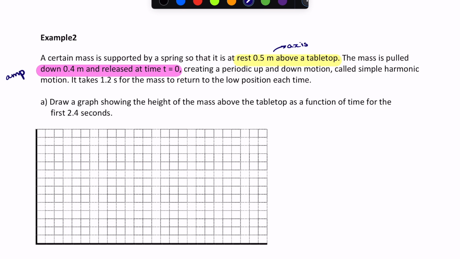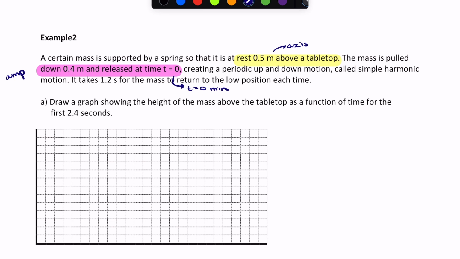Again, here. And here again, t equal to 0 is going to be our minimum. It creates a periodic up and down motion called simple harmonic motion.